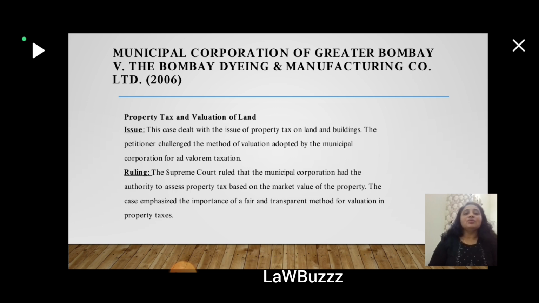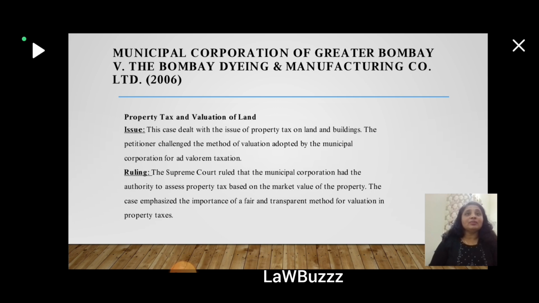So what was the ruling by the Supreme Court? The Supreme Court held that the municipal corporation had the authority to assess property tax based on the market value of the property.